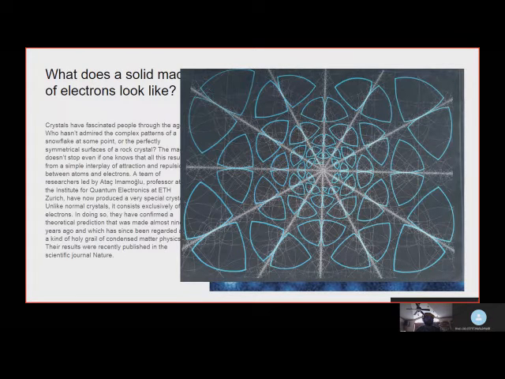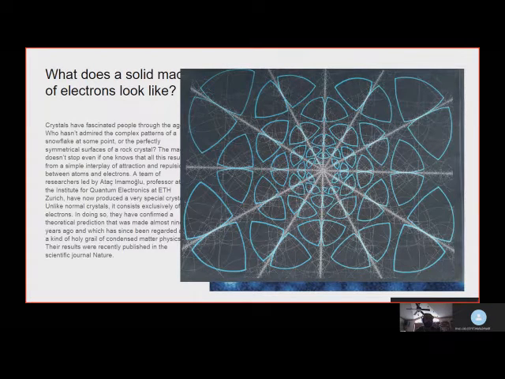Crystals have fascinated people through the ages. Who hasn't admired the complex pattern of a snowflake at some point, or the perfectly symmetrical surfaces of a rock crystal? The fascination doesn't even stop if one knows that all of this is a result of a simple interplay of attraction and repulsion between atoms and electrons.